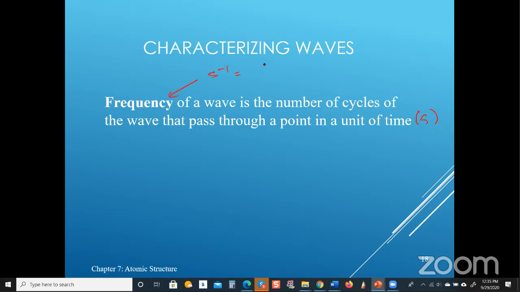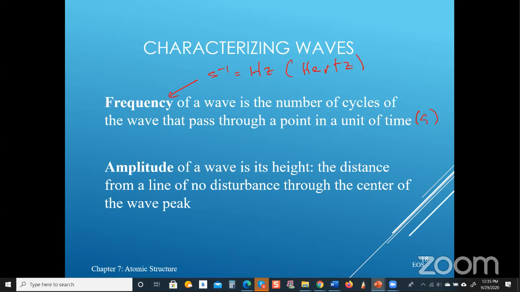And there's a special name given to this unit. It's called the Hertz unit, abbreviated HZ, actually spelled HERTZ, all right? So the Hertz unit is the universal unit of the frequency of a wave. And then we have the amplitude of the wave, which is basically the height of the peak of the wave, which is a distance from a line of no disturbance through the center of the wave peak, all right?